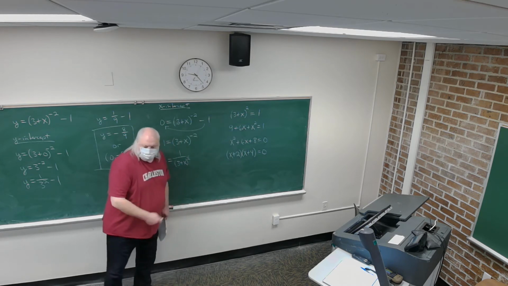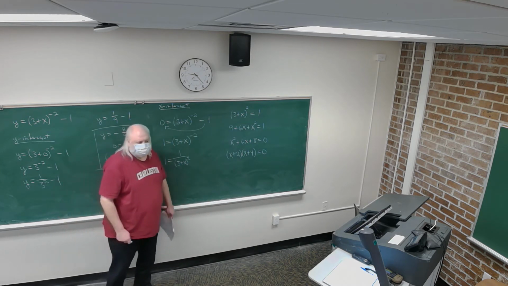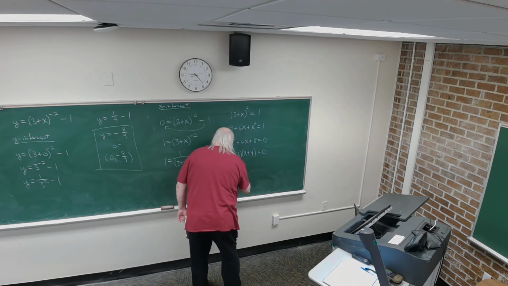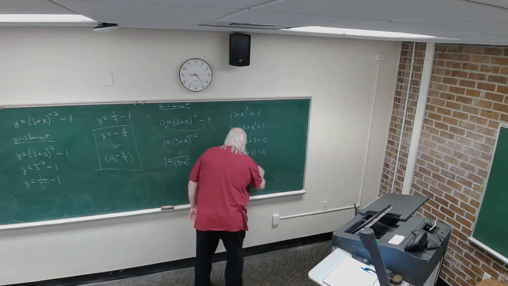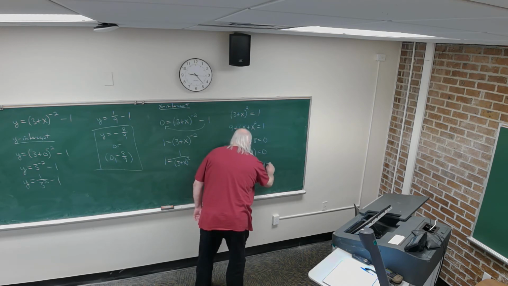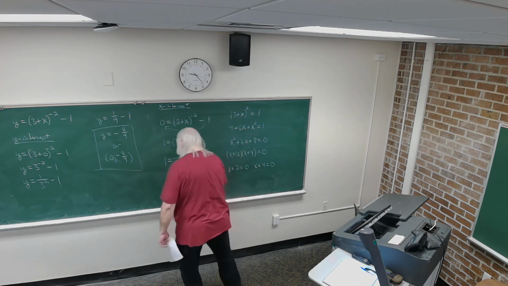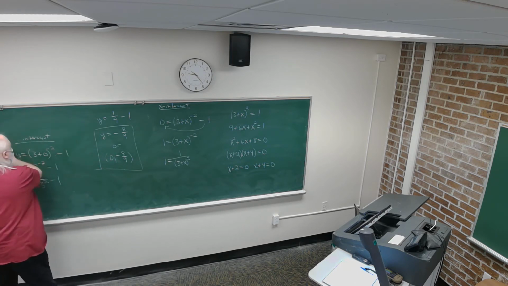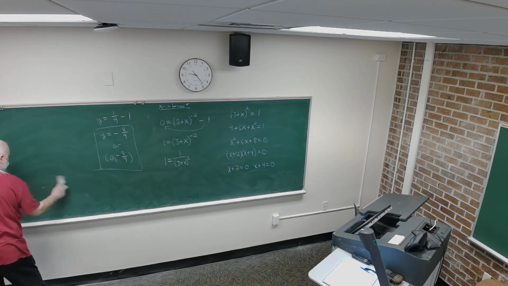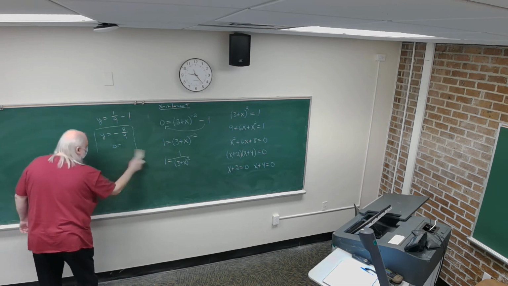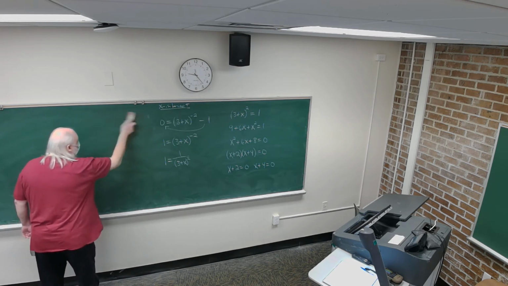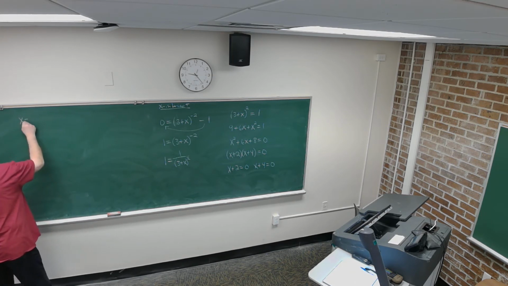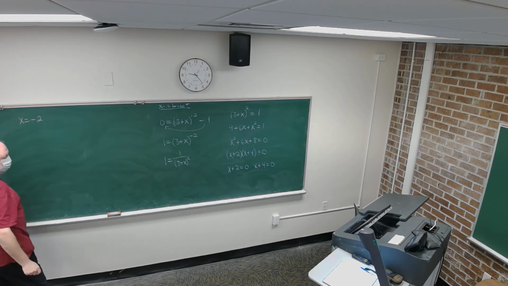And now by the zero product property, one of those factors has to equal 0. So either x plus 2 is equal to 0, or x plus 4 is equal to 0. So solving the first equation, we get x is equal to minus 2.